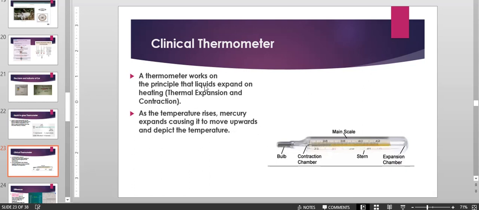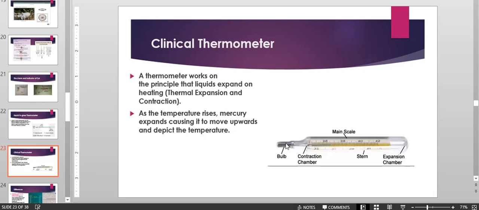This clinical thermometer works on the principle that liquids expand on heating, that is, thermal expansion and contraction, the same as we discussed in the liquid and glass thermometer topic. As the temperature rises, mercury expands, causing it to move upward and depict the temperature. This is the thermometer which we use in our daily life at our homes.